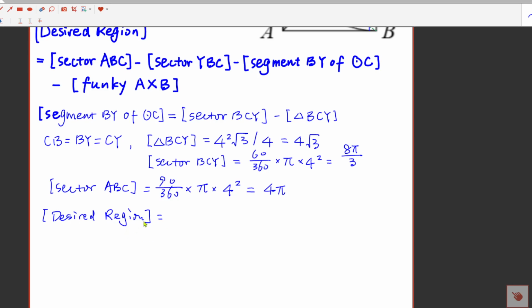We have the desired region is 4 pi minus 2 times 8 pi over 3 plus 4 square root 3, minus the last part, which is funky area AXB.